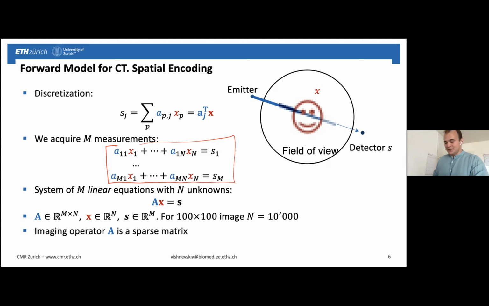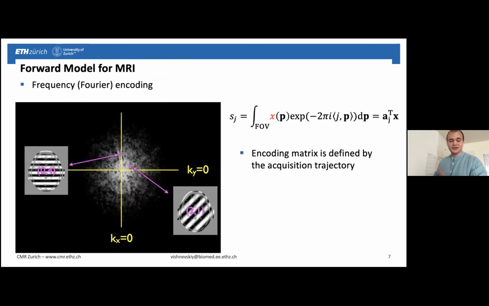So that's just a small refresher on how linear algebra comes into imaging. And it's a similar story in the case of magnetic resonance imaging: instead of line integrals, what we actually measure is the inner products of the image with the corresponding spatial harmonics.